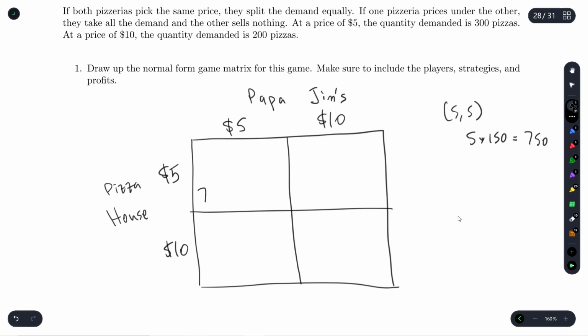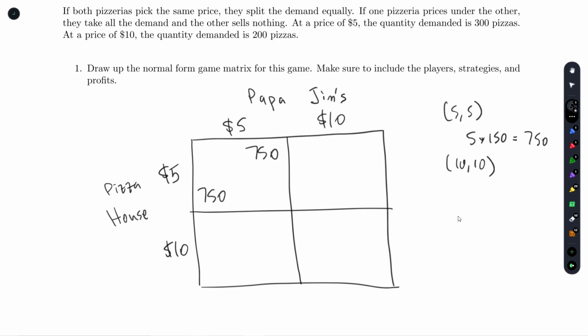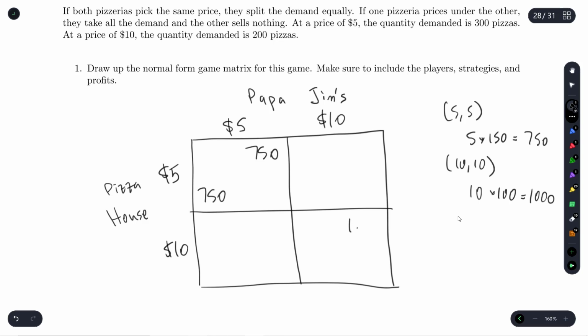So Pizza House is going to get 750, Papa Jim is going to get 750 as well. I always write the payoffs lower left for the player on the rows, upper right for the player on the columns. Next, if they are both pricing at 10, then they're going to split the quantity demanded of 200 in half, and so that's going to be 10 times 100, which is 1,000. I'll write those in as well.